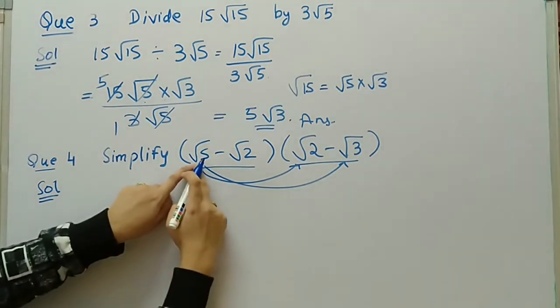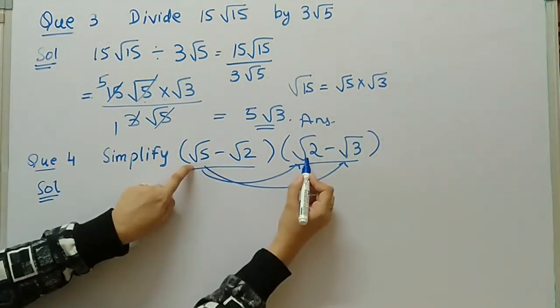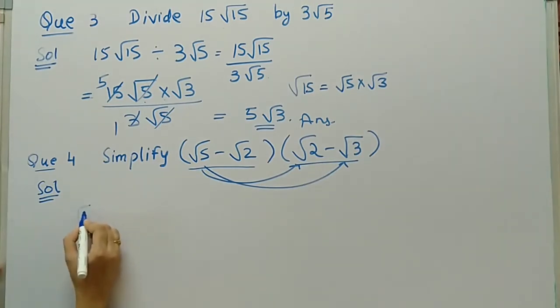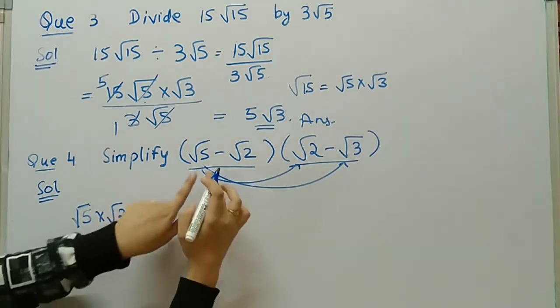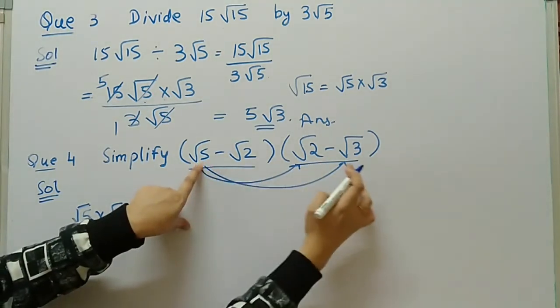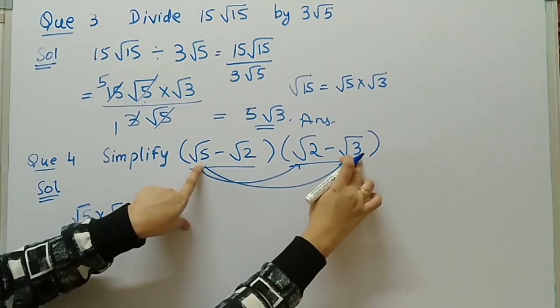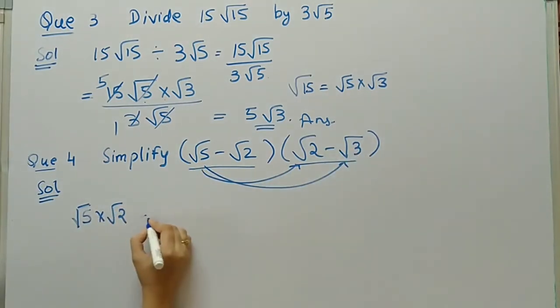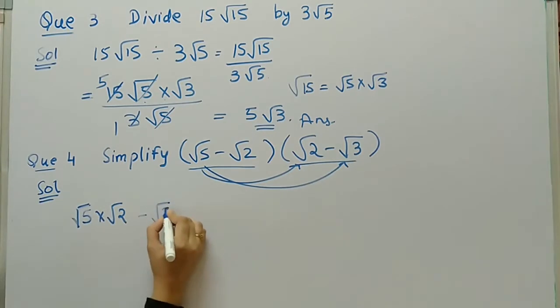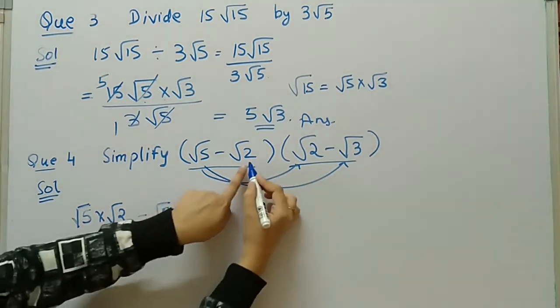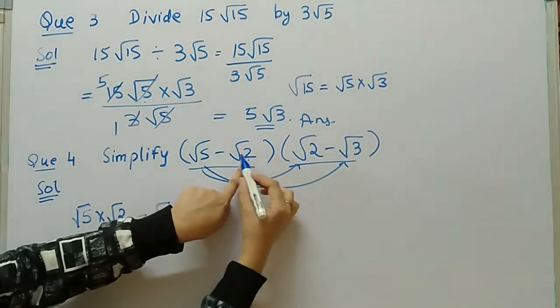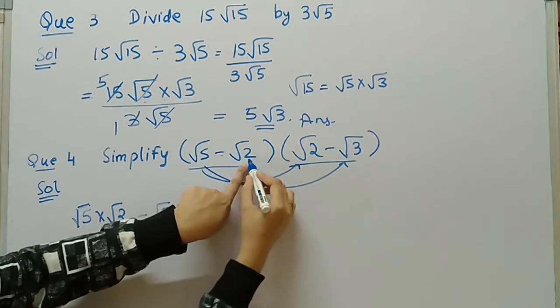So if we multiply root 5 with root 2, so we will get root 5 multiplied by root 2. Then root 5 multiplied by minus root 3. So this will become minus root 5 multiplied by root 3.